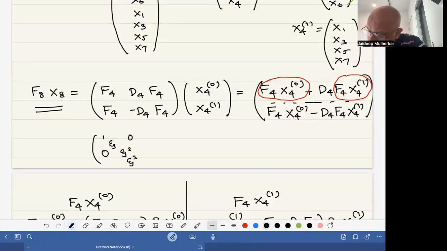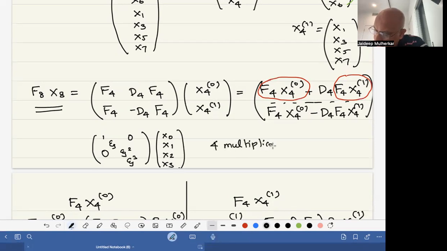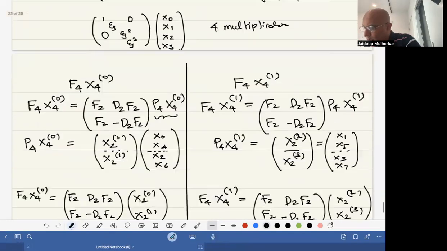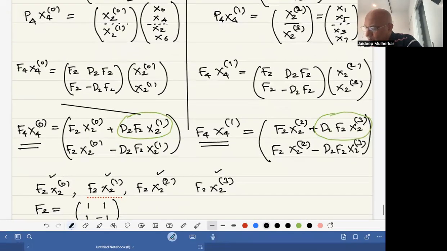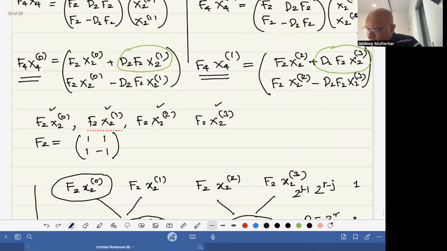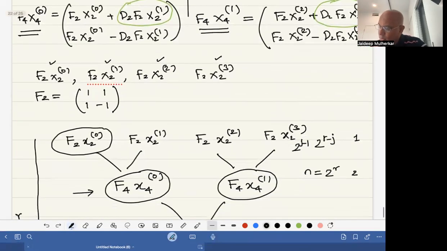And when I multiply it by a 4 cross 1 vector, x0, x1, x2, x3, there are 4 multiplications. So therefore, at each level, there are 2 to the j minus 1 multiplications.